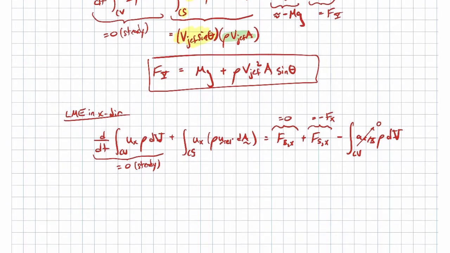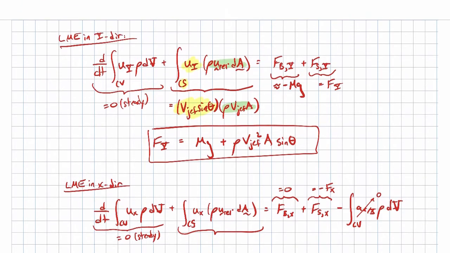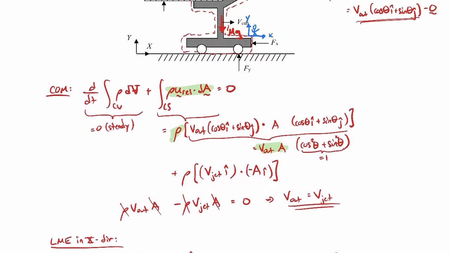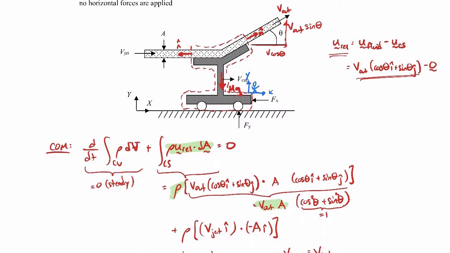The only thing that will now be different will be this term. Now what we need to do is evaluate what the velocity is in the x direction using our new coordinate system. So let's focus first at the inlet right here. I'm going to erase some of this because it's getting a little messy here.